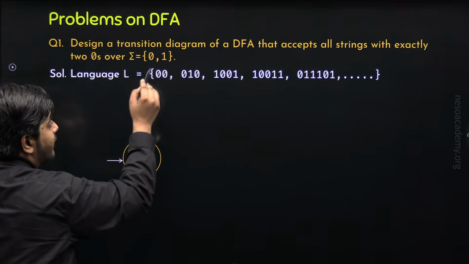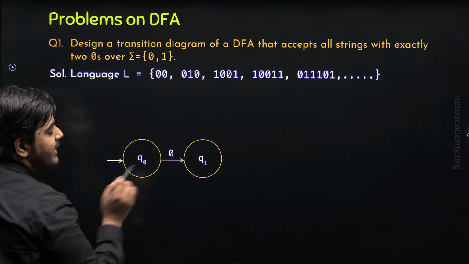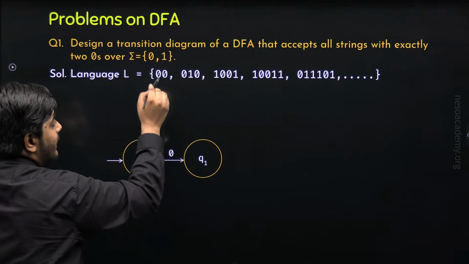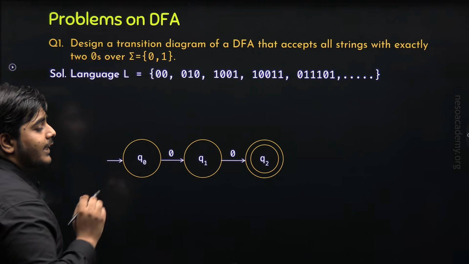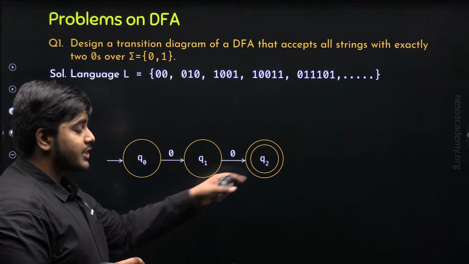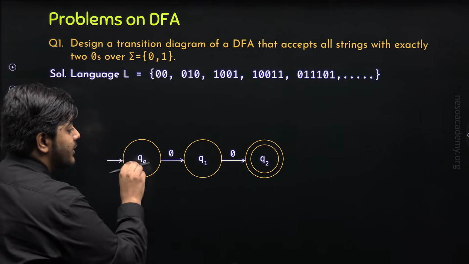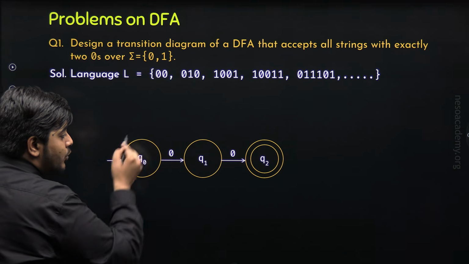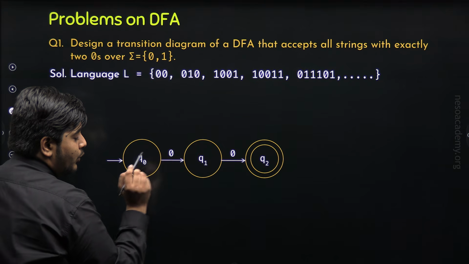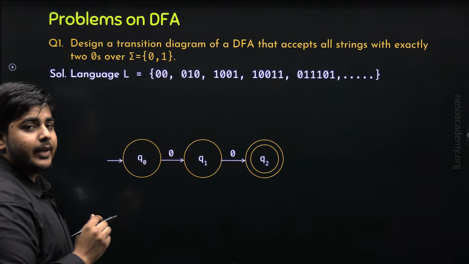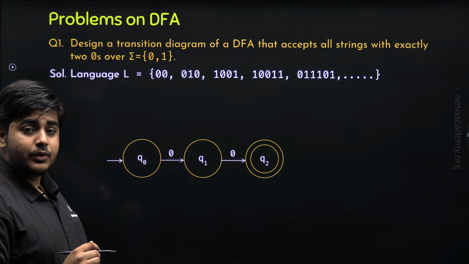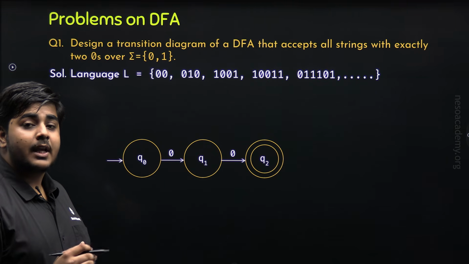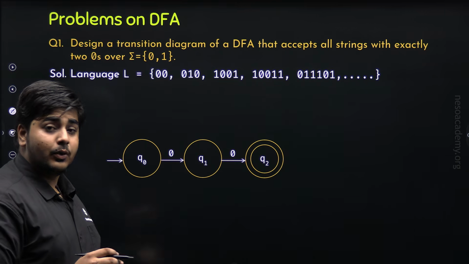On processing the first symbol 0, we will reach an intermediate state, let's say Q1, and after processing the last 0, we will finally reach our accepting state, which is Q2, because now the string contains exactly 2 zeros. So these two states, that are Q0 and Q1, are rejecting the strings having less than 2 zeros. The state Q2 is accepting the strings having exactly 2 zeros.